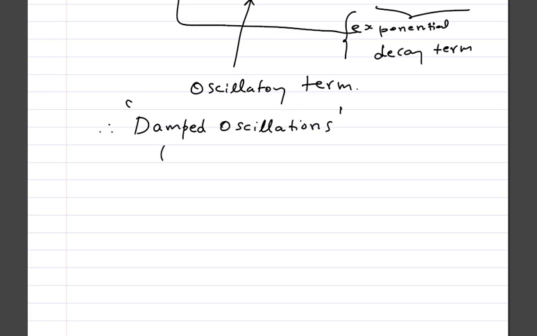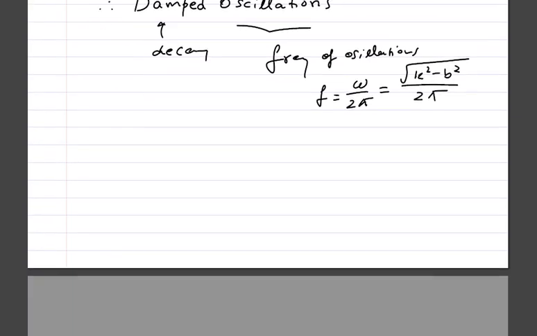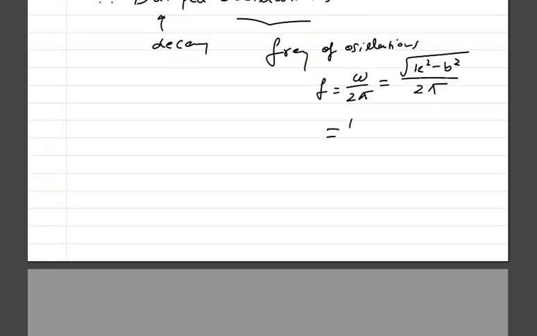Damped means decay, oscillations means it's oscillating between two values, and the frequency of oscillations is given by f is equal to omega by 2 pi, and that is square root of k square minus b square by 2 pi, or it is given by 1 by 2 pi square root of 1 by LC minus r square by 4L square.